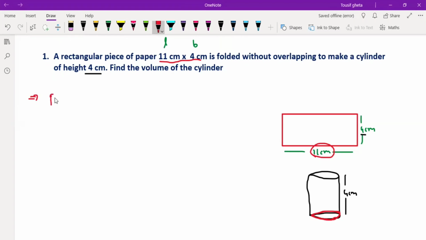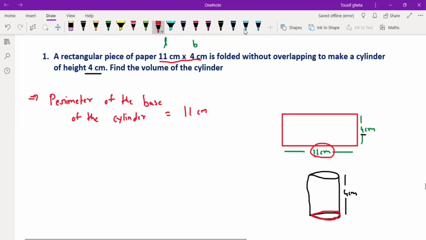Perimeter of the base of the cylinder. Its dimension is given, that is 11 centimeter.